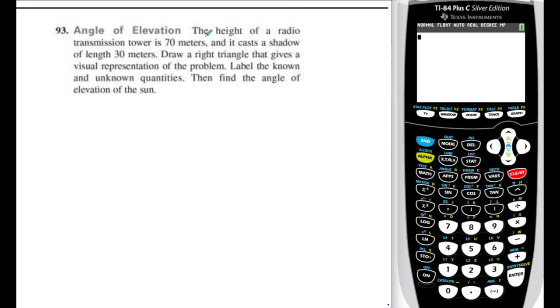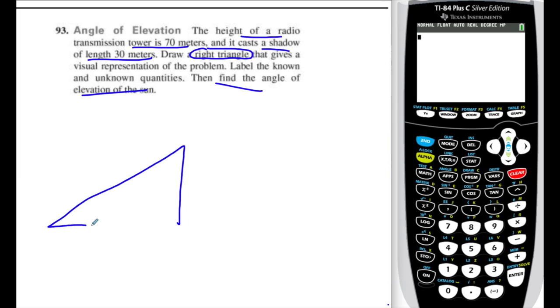So what do we have? Let's start by identifying our known information. What we know is that the height of a radio tower is 70 meters. It casts a shadow of 30. We need to draw a right triangle that gives the visual representation and find the angle of elevation, okay? So let's say I do this, right? Say I've got my right triangle.